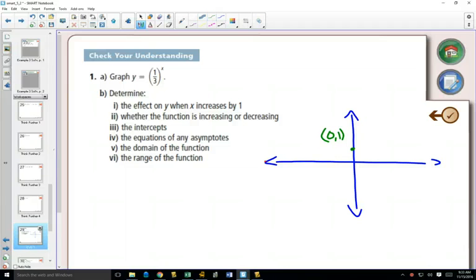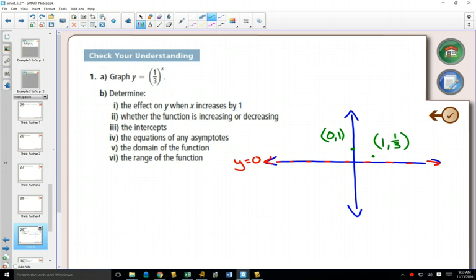We will always have an asymptote at y equals 0. And since this one is 1/3 as the base, that means when we plug in 1, we will get 1, 1/3. And by doing those 2 points, you'll be able to tell this one is a decreasing one.